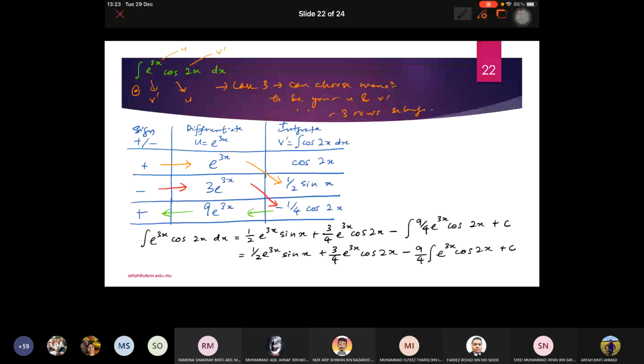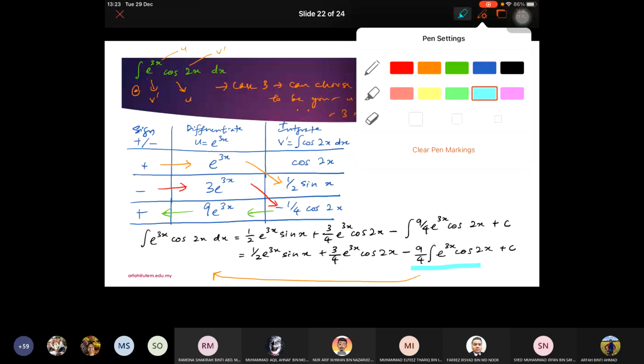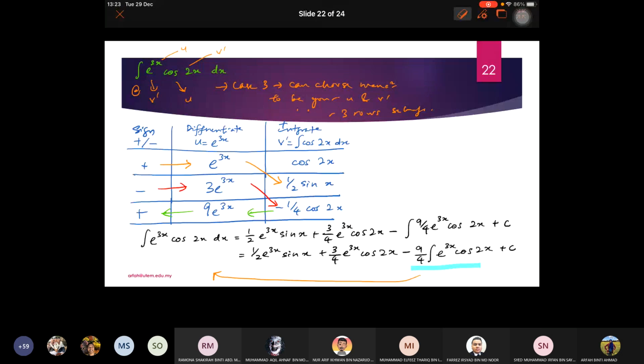Okay. So bawa yang ini ke belah kiri. Bawa ke sini untuk disamakan. 1/2, yes, sin 2x, ya betul. Okay. Yang ini is 1/2 sin 2x. Thank you for the correction. Okay.